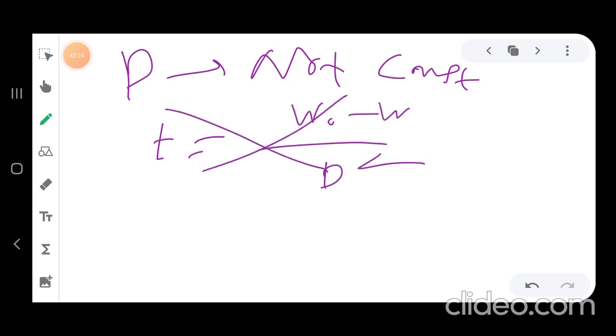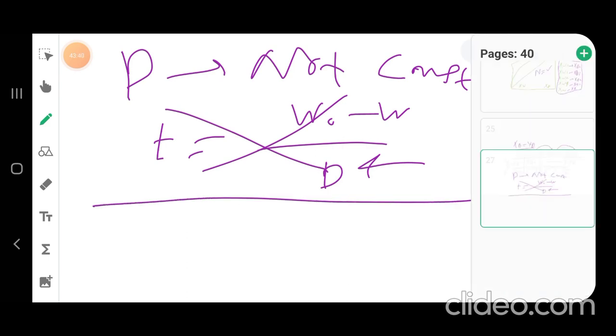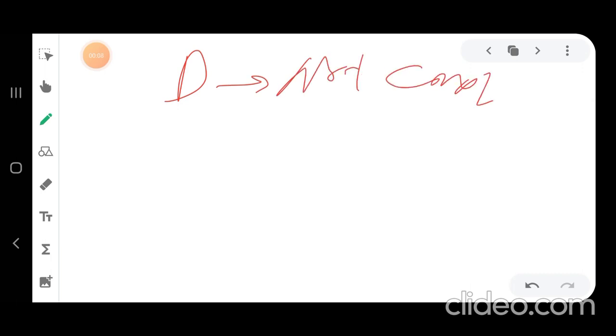We need to apply an equation, rather than this equation, that helps us calculate the required time. Since, as we said, D is not constant, we need another equation to calculate the time.